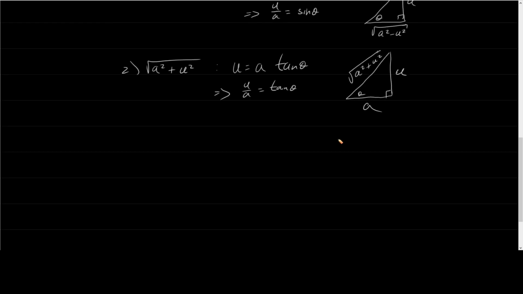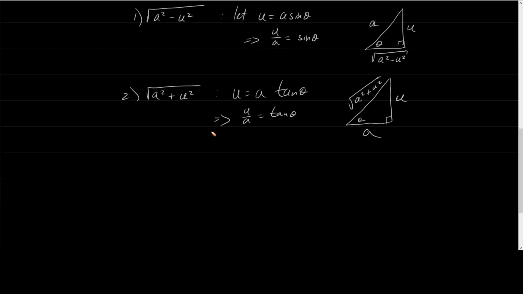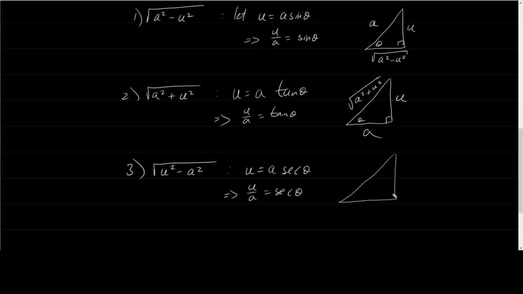And lastly, I'll do the third scenario. The third scenario is if I end up with the square root of u squared minus a squared. In there, u is going to be a secant theta, which implies then that u over a is secant theta, and that implies this following triangle.